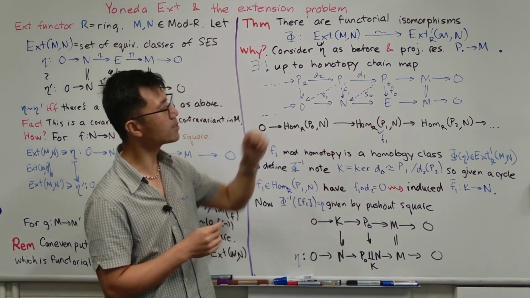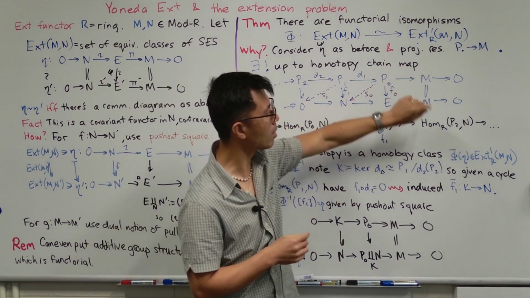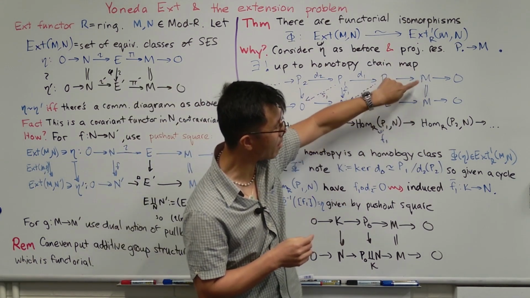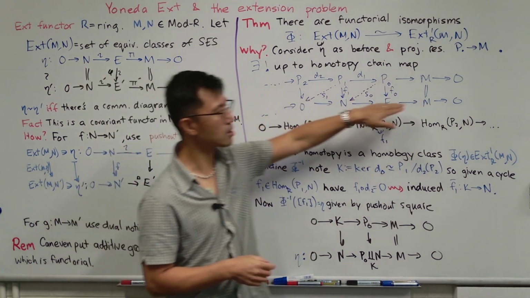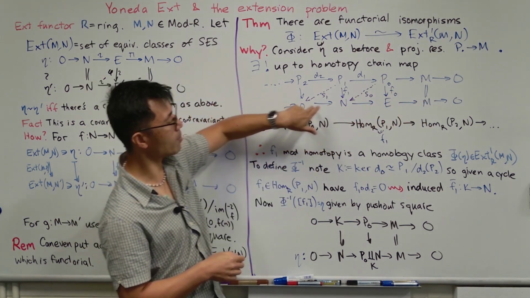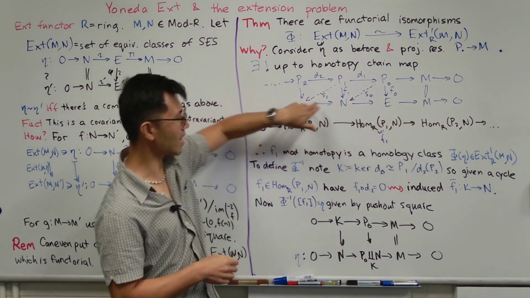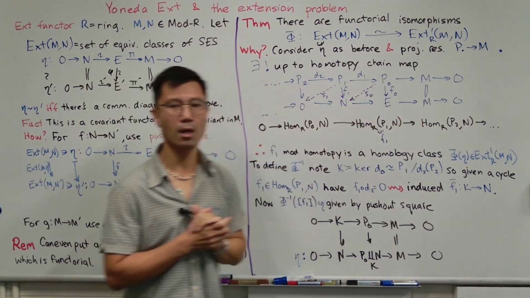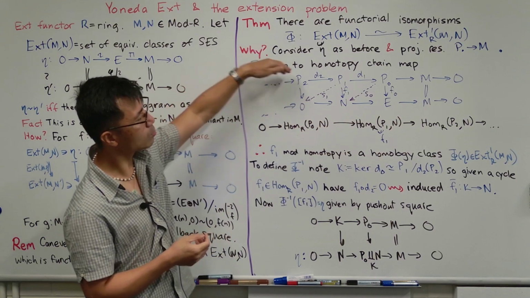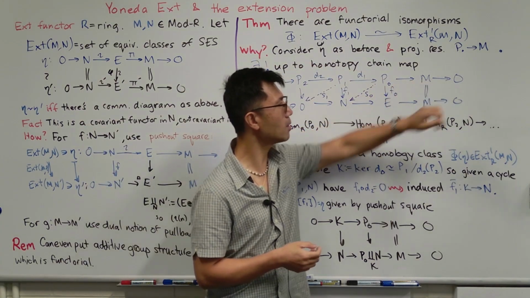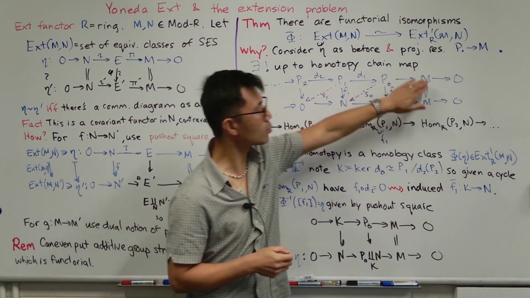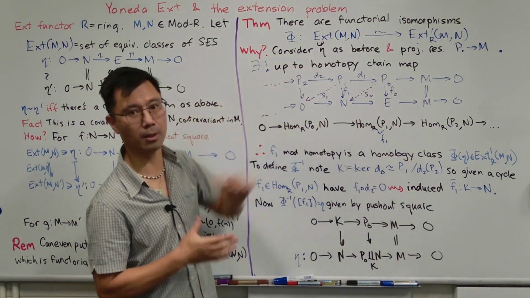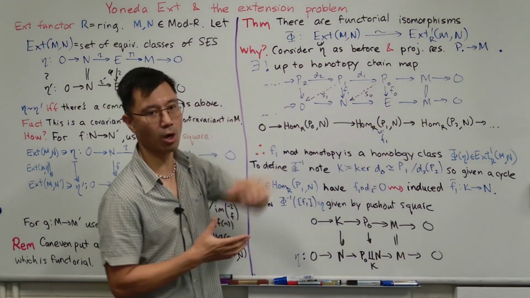And one of the things that we've seen is that if you have a map on modules, in this case just the identity map from m to m, and you have a resolution of this, just any old resolution, some exact sequence which ends in m, and if you have a projective complex which maps onto this m, then you can lift this one here to a chain map, and that lift is unique up to homotopy.